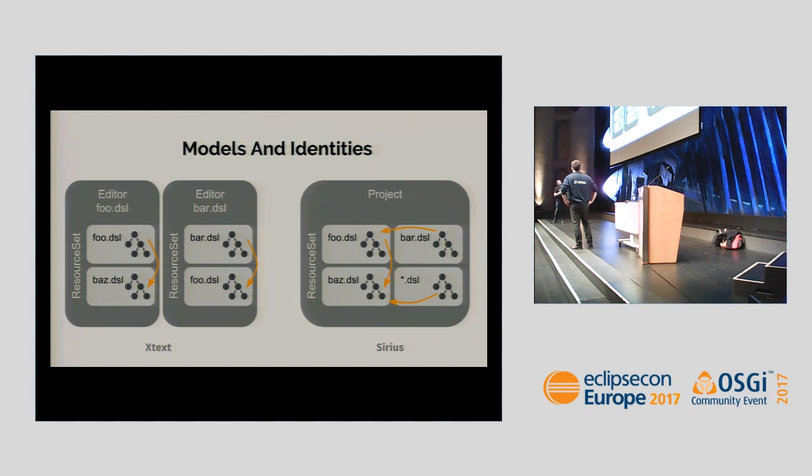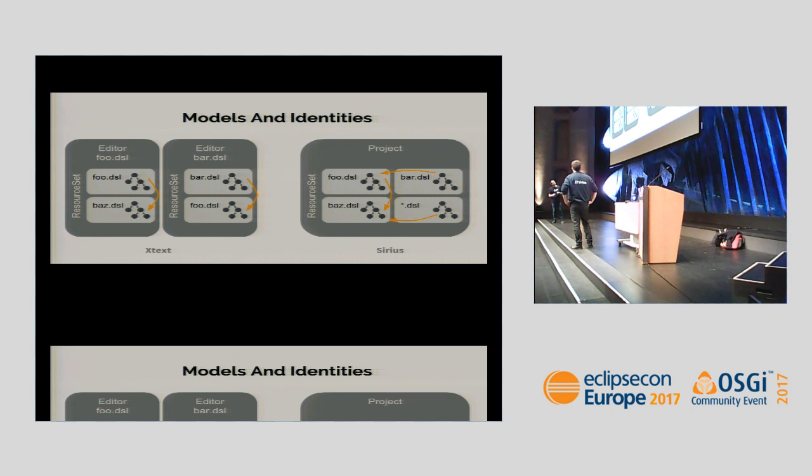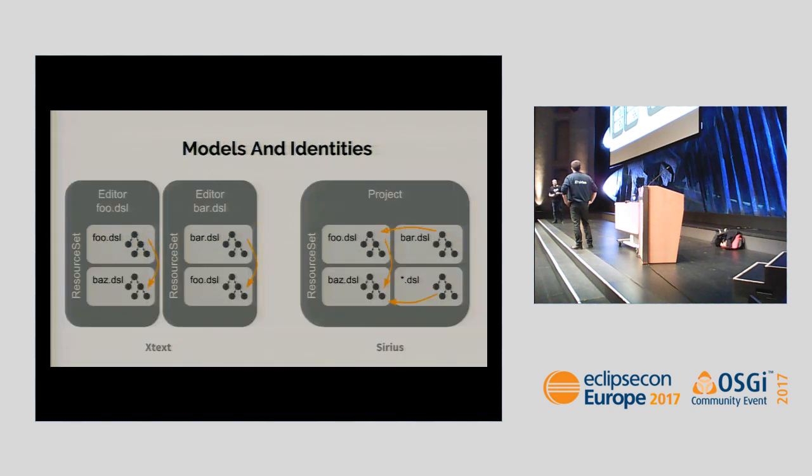That means that this editor here loads foo-DSL, but this one for bar DSL also refers to foo-DSL, so I have two instances of these at the same time in memory. That's not the case in Sirius. Sirius holds one big resource set for all resources that are shown in the diagrams. So I have a single instance of that foo-DSL inside the entire project. If I change that one, it will be reflected in the entire diagram world of that project.